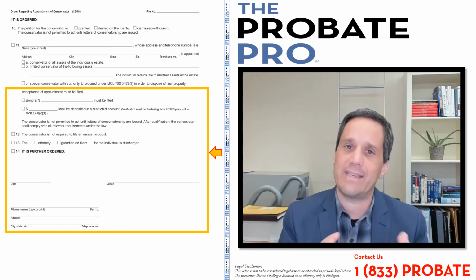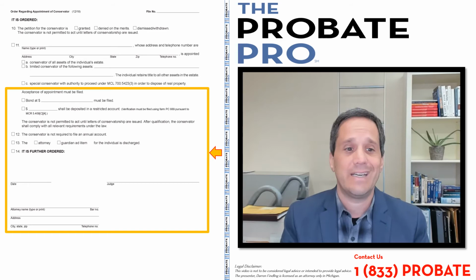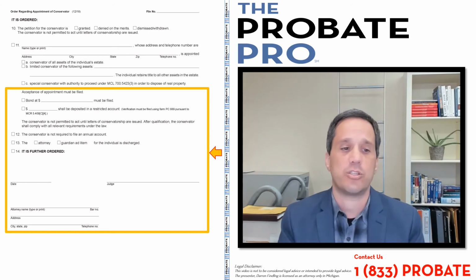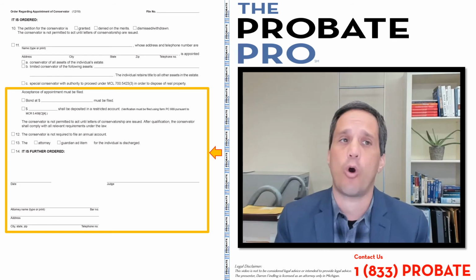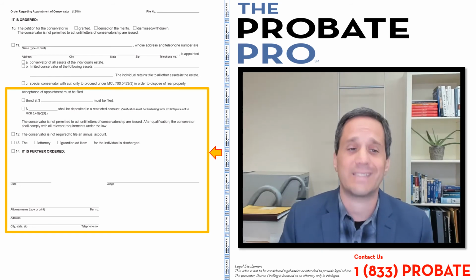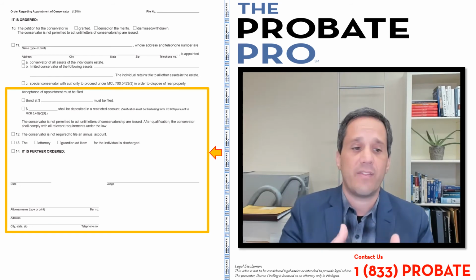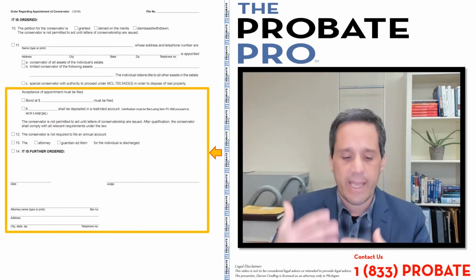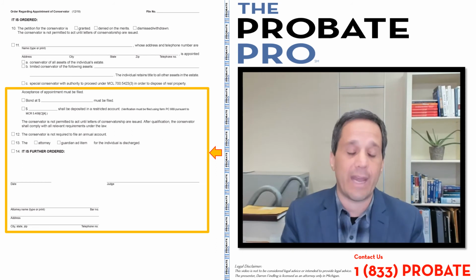Now again, it reiterates what's stated above. The conservator is not permitted to act until the letters of conservatorship are issued. After qualification, the conservator shall comply with all of the requirements. And here are the requirements that include the inventory, the annual accounting, and all the requirements that, again, are not intuitive.